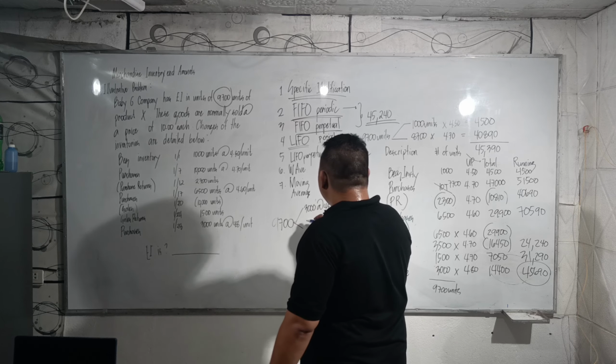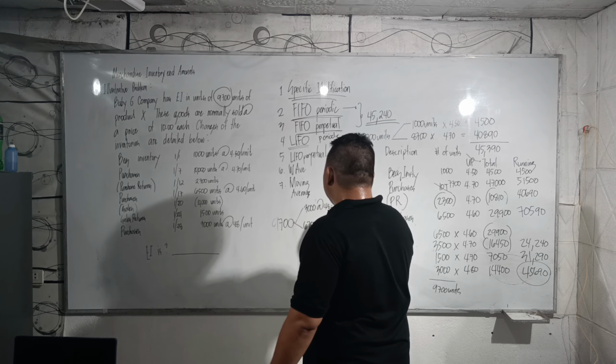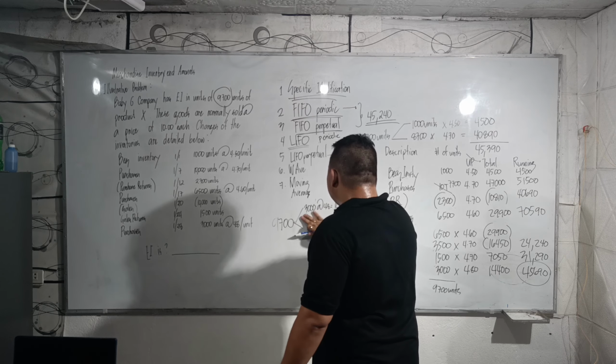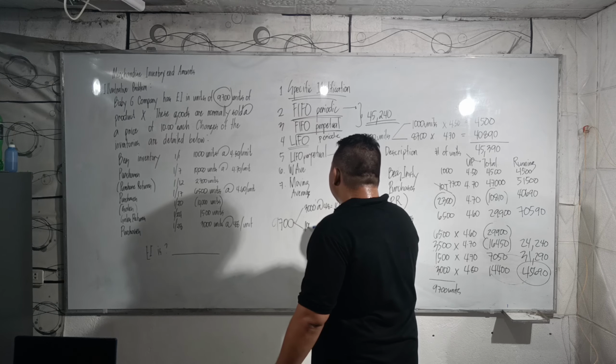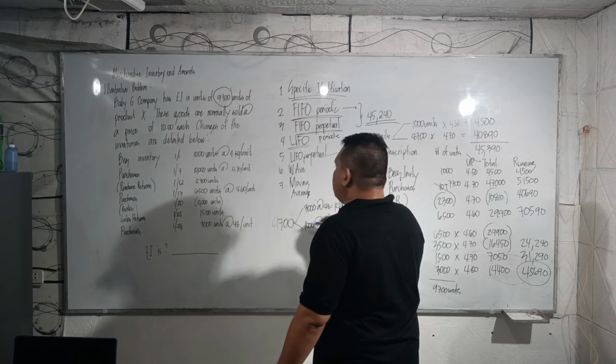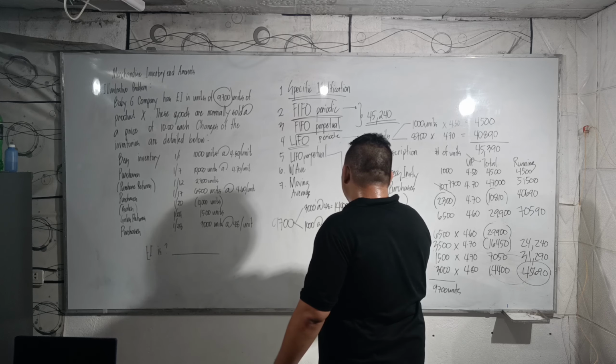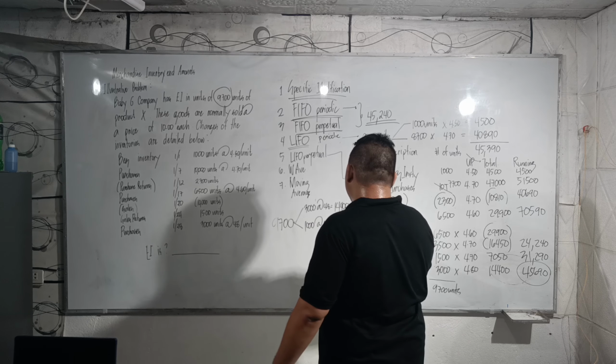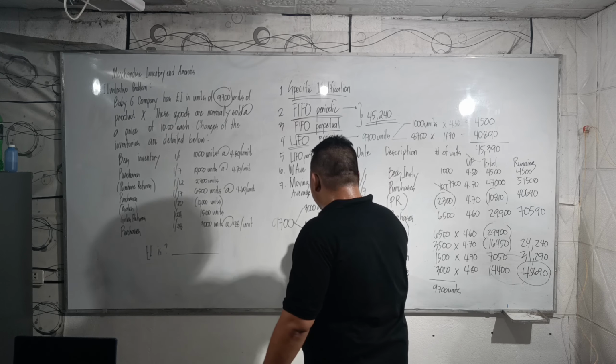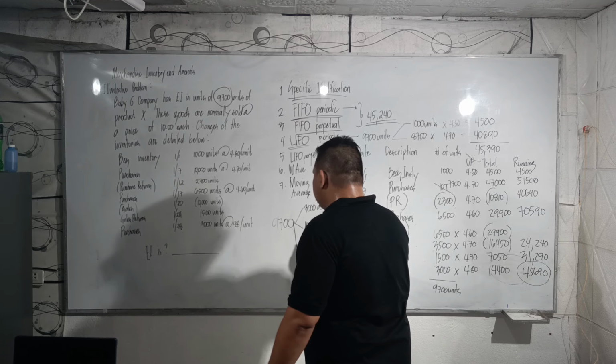And then the remainder, 6,700, the 1,000 is coming from the oldest group, this one, at 4.5. So that is 4,500. And the remainder will be 5,700, if I'm not mistaken.